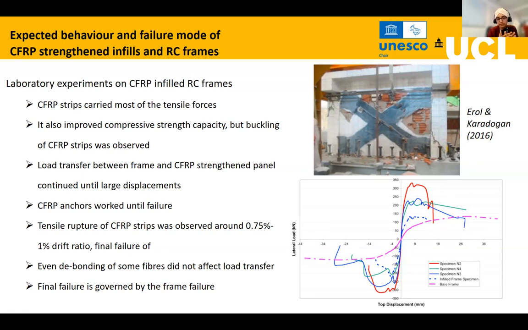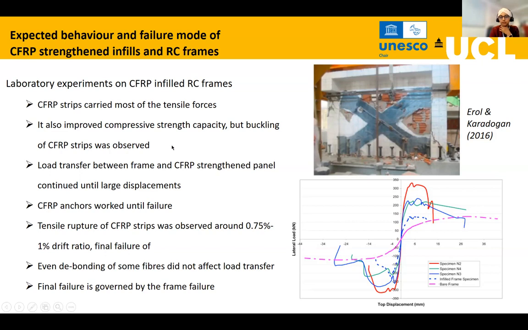But at the same time, while this is okay, the CFRP is found to buckle under the compression load, and the subsequent tension cycle would snap the CFRP. As mentioned in the previous presentation, the brittle failure mode of CFRP is one of the shortcomings of this technique.